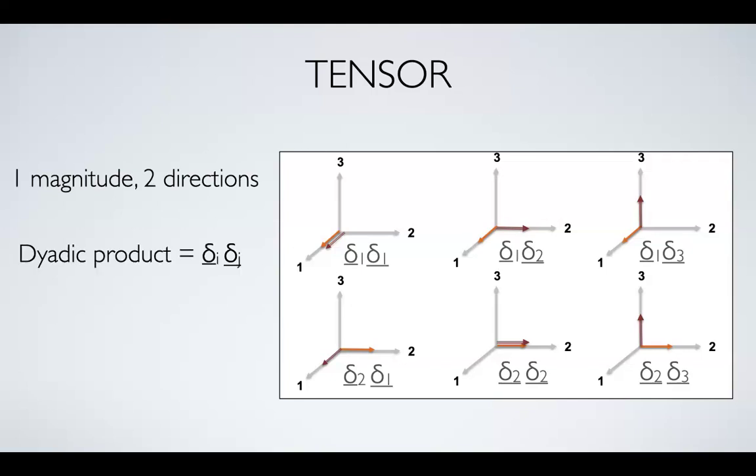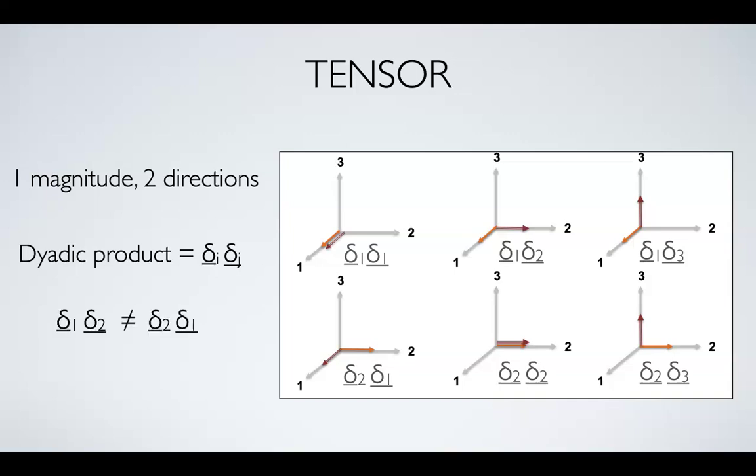When we put two vectors next to each other, like del I, del J, it's not a multiplication. It's a vector like the one I showed you in the picture. It's called the dyadic product, and the product here is a tensor.